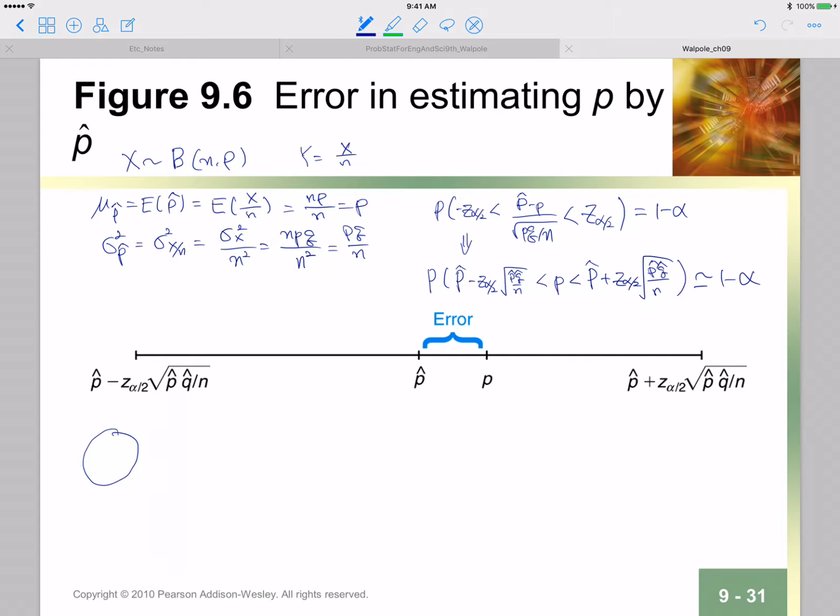So suppose we have a coin, and we are interested in estimating the probability of seeing the head of this coin. Head means front, and tail means back, so it's like the front side or back side of the coin.